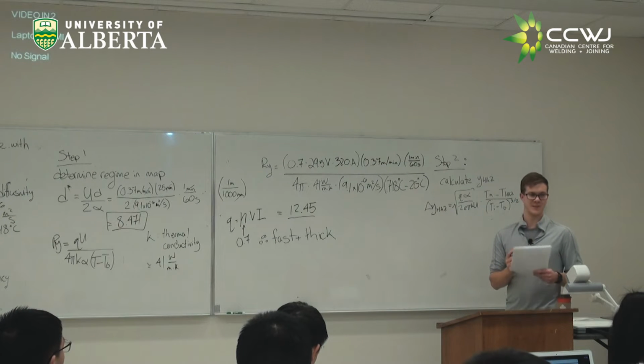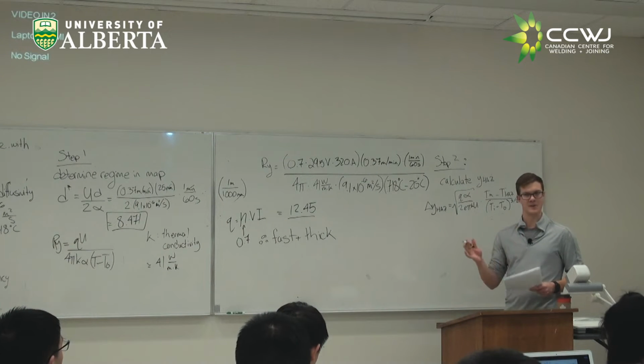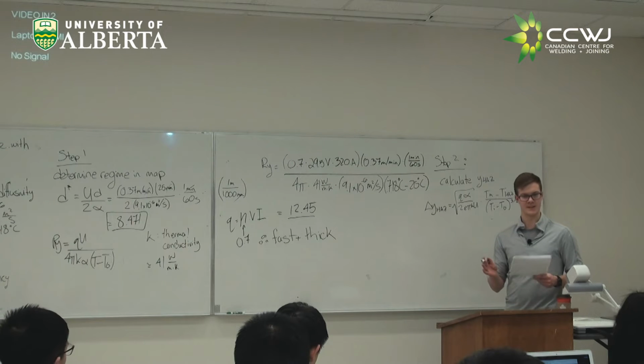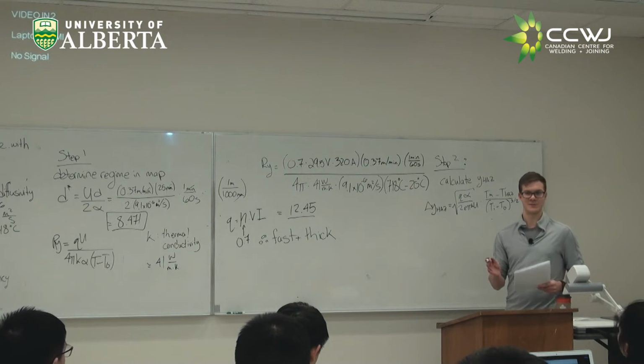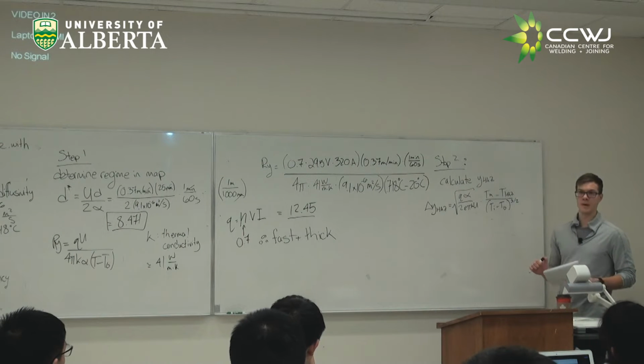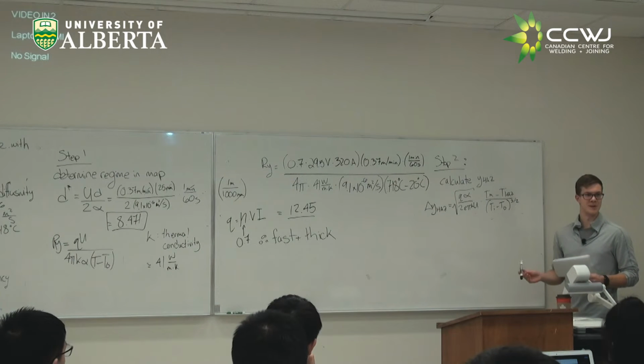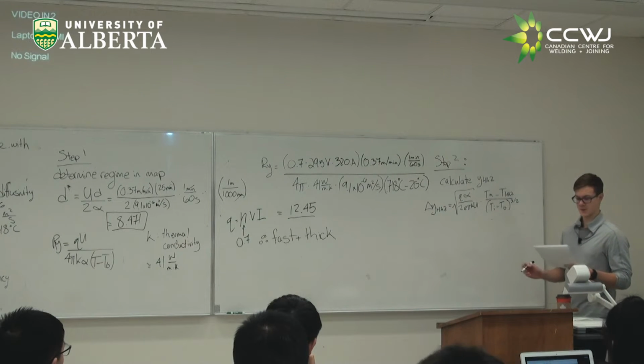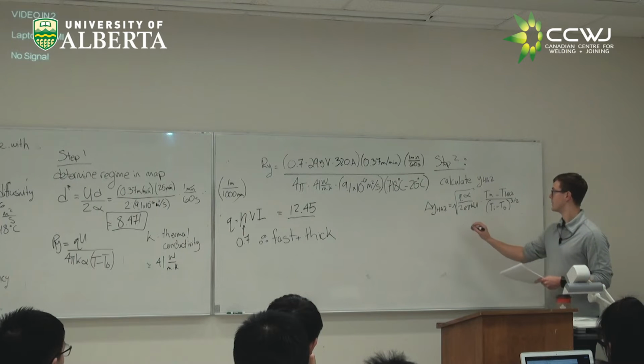You can think there's a point where your 3D approximation starts to become less and less valid, and the 2D approximation starts to become more and more valid. But in this case, we're totally fine using 718. We probably would have been just as fine using the melting temperature, but typically you want to choose an intermediate temperature.